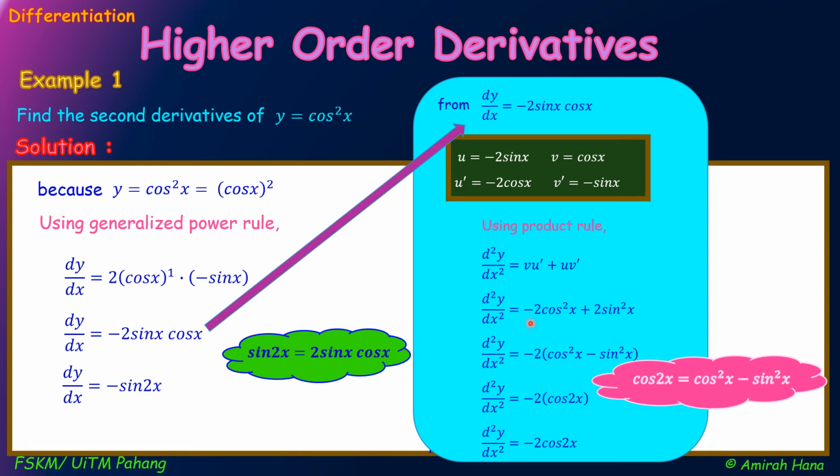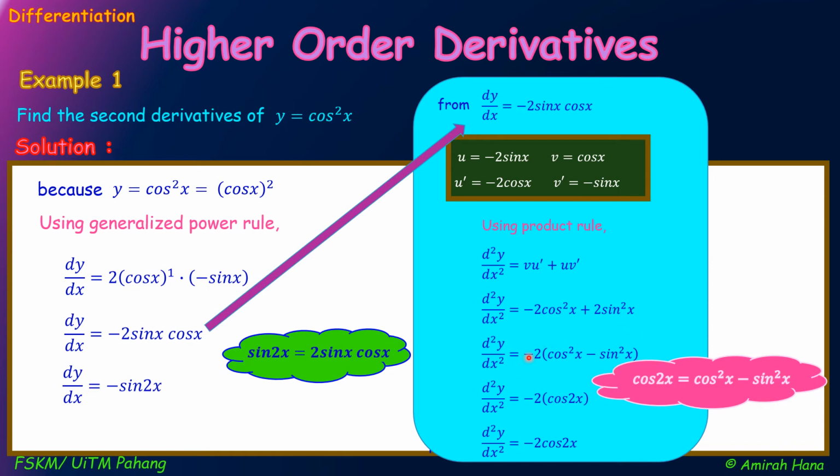And then we can factorize the constant negative 2. So in the bracket, we have cos squared x minus sin squared x. To check whether we factorized correctly, we can try to expand. When we expand, negative 2 times cos squared x gives negative 2 cos squared x, and negative 2 times negative sin squared x gives back plus 2 sin squared x.